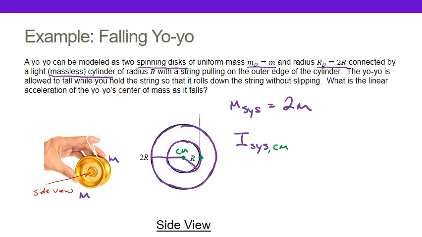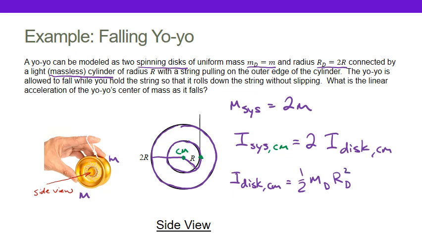There are, in this system, 2 disks, so we're going to need 2 times the moment of inertia of a disk about its center of mass. And when I look at the table, or flip over my formula sheet, I find that the moment of inertia of a disk about its center of mass is 1/2 the mass of the disk times the radius of the disk squared.